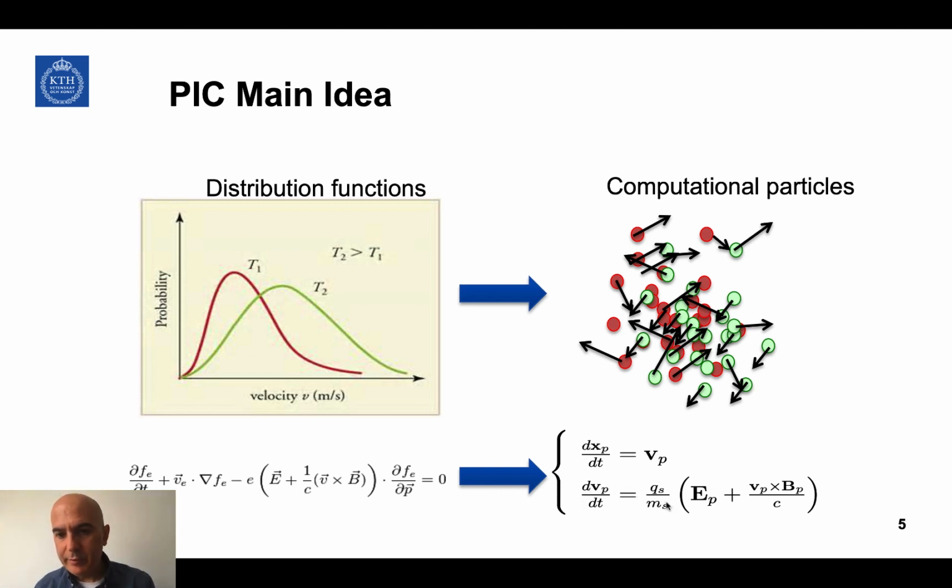So the mass goes to the denominator, and then we have the Coulombic force, that is E multiplied by Q, and the Lorentz force, here in CGS, that is the charge multiplied by the outer product of the particle velocity with the magnetic field acting on the particles. How many of these do we have? We have as many of these particle trajectories as the number of particles that we use in the simulation.